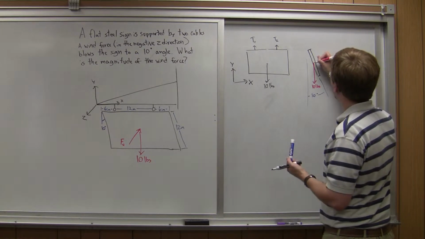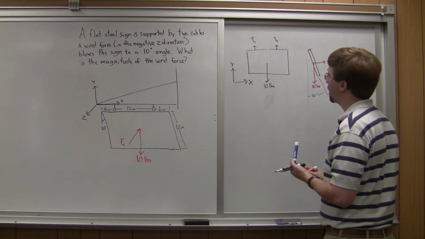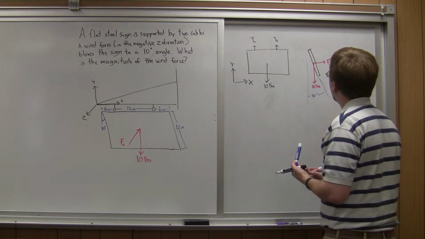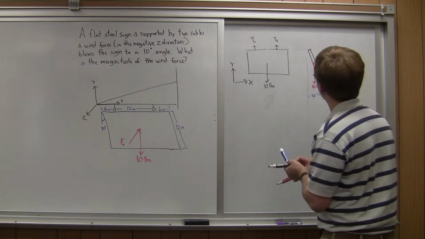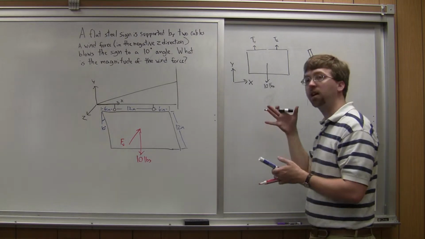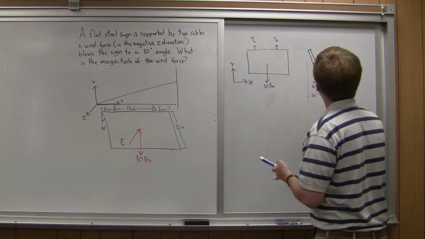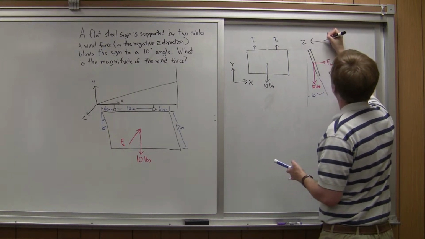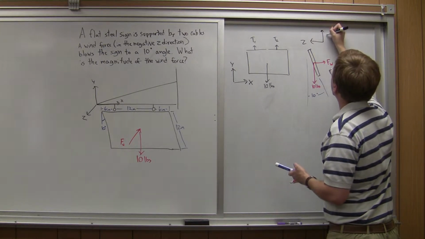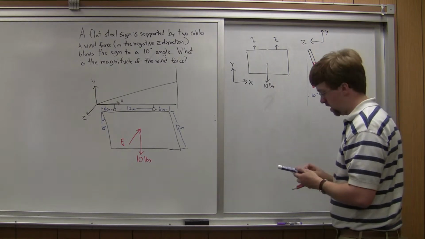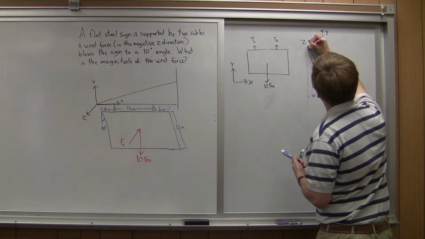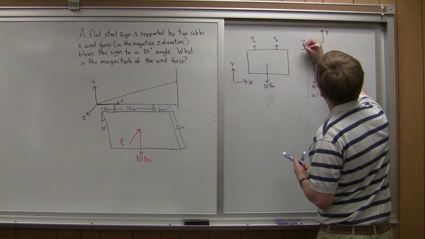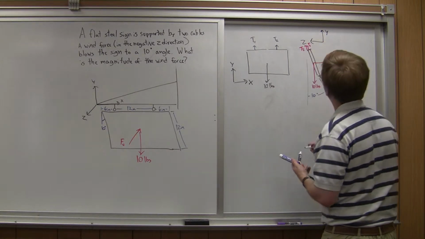I have a wind force that's pushing back in this direction. And I need to draw on my axes as well. Looking at the side of the sign, Z is pushing out that way, and Y again is straight up. Then up at the top, I actually have two forces. I have T1, and right behind it, I would have T2.